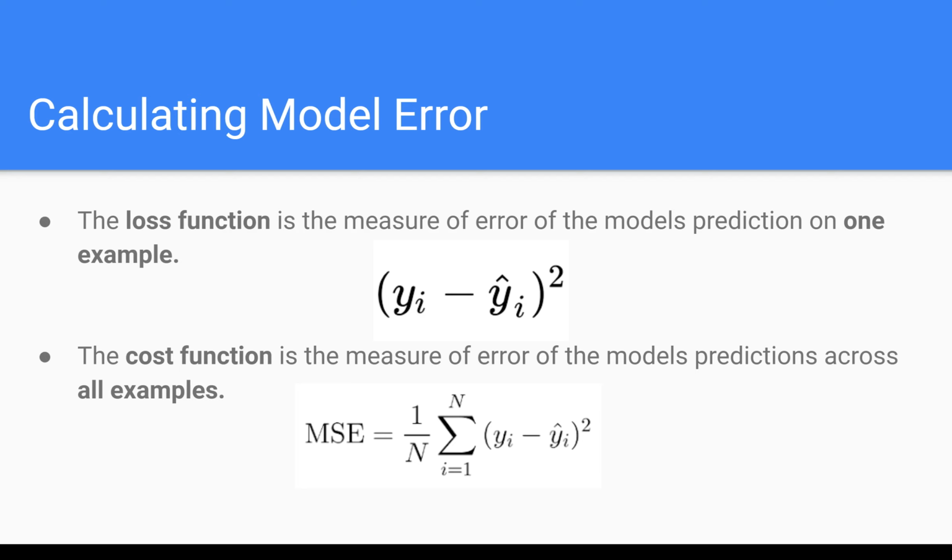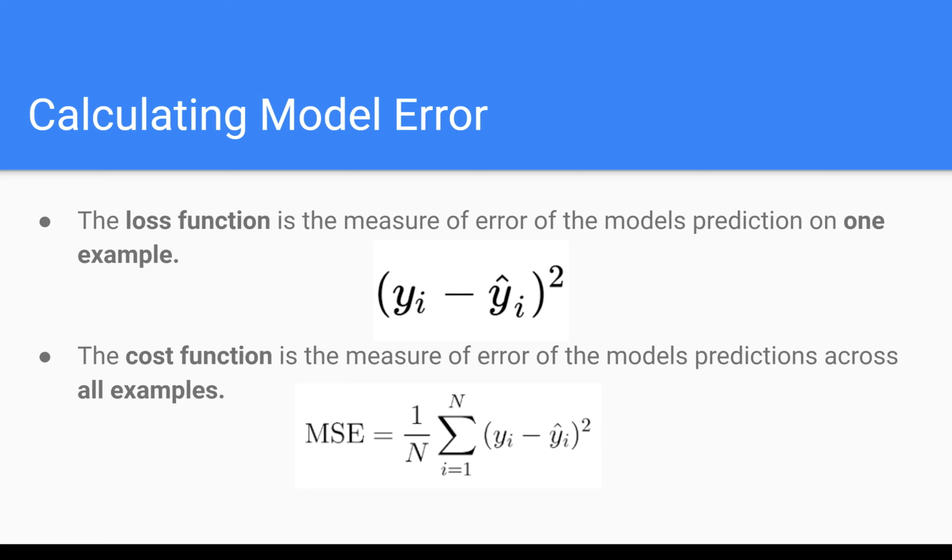In machine learning, there are two words for calculating the error of a model's predictions. The first one is the loss function. The loss function is the measure of error of your model's predictions on just one example.